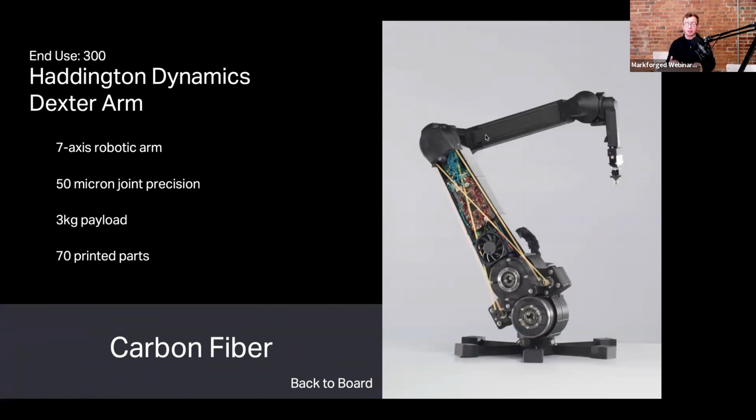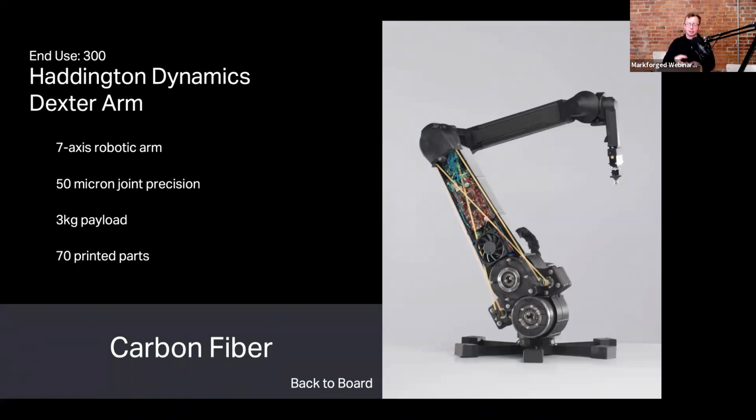So it needs to be really stiff so that if a part of the arm moves due to actuation, when it moves, you basically want the whole arm to stay stiff and not to wobble or flex or anything like that.